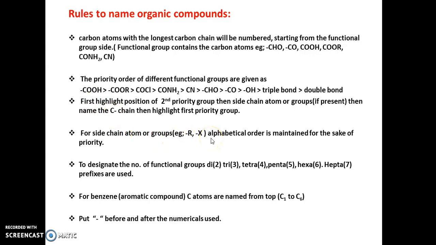The priority order will be alphabetical. Suppose there are two side chain groups, methyl and ethyl.